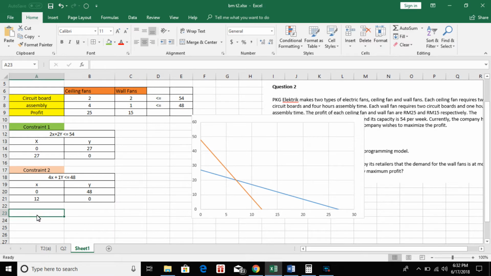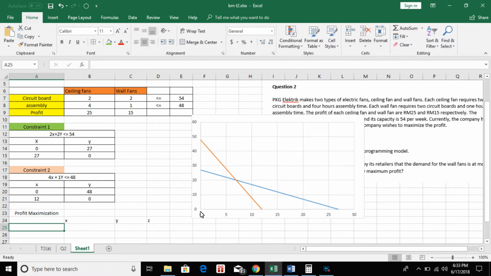Just straight away do profit maximization. We have x, y, and z is the profit. We are not going to take this point because we know already that this one is 0.